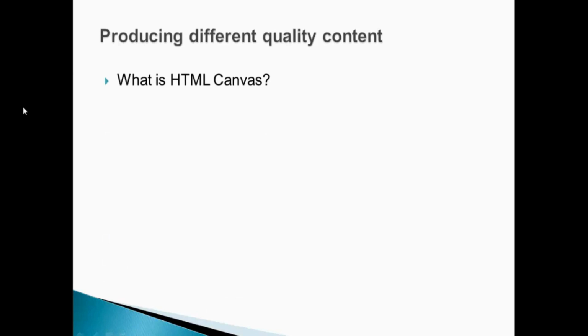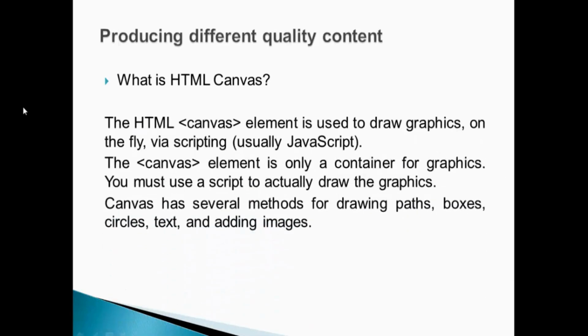What is HTML canvas? The HTML canvas element is used to draw graphics on the fly via scripting, usually JavaScript. The canvas element is only a container for graphics. You must use a script to actually draw the graphics. Canvas has several methods for drawing paths, boxes, circles, text and adding images.